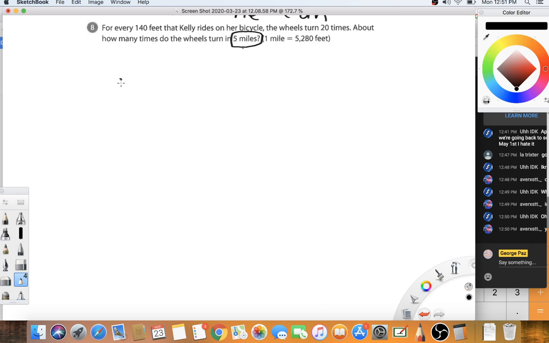Oh, okay. So we need to find out how many of these wheels turn every 5 miles. But we have a ratio that every 140 feet, she turns about 20 times. So every 140 feet, 20 times this wheel will turn. Now, we'll do this conversion thing in a bit, or maybe we have to do it right now.